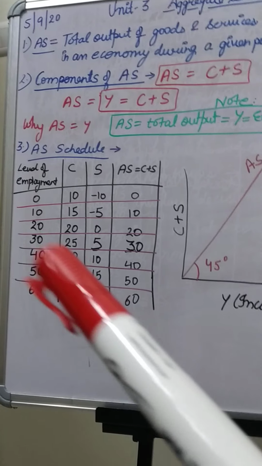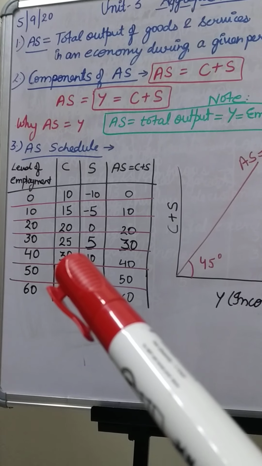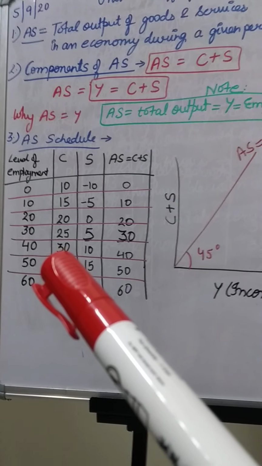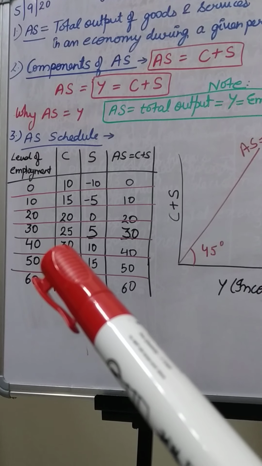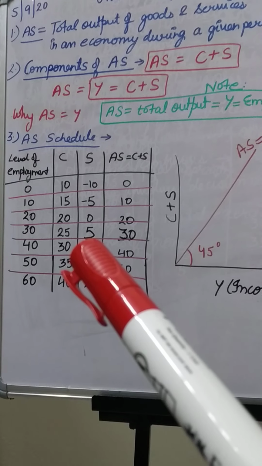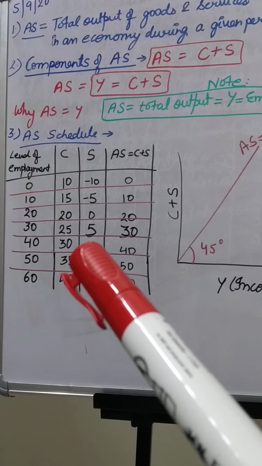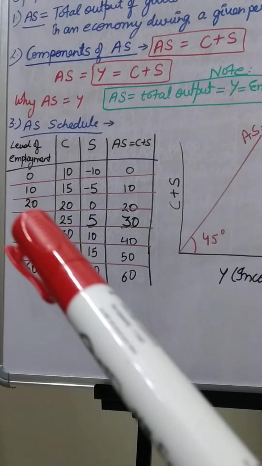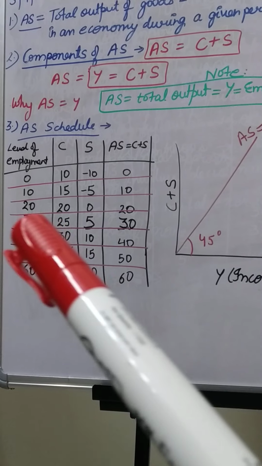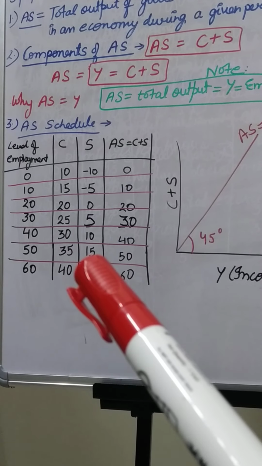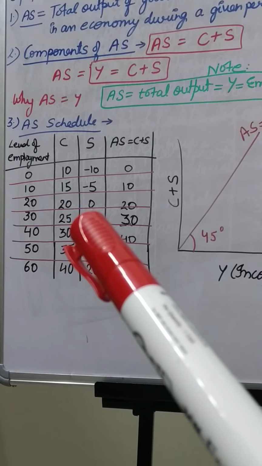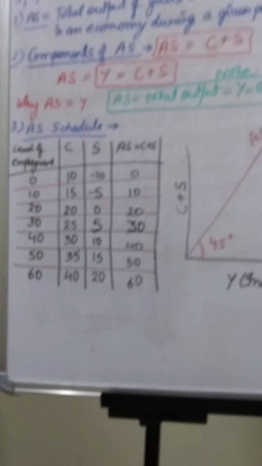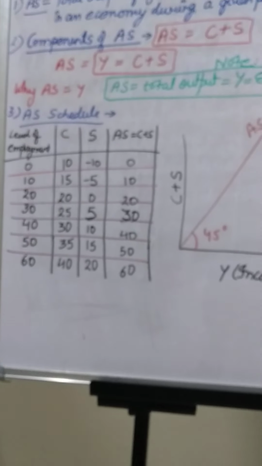Now when the income is 30, consumption is 25, so from this point the savings start. The saving is 5. Similarly 40 and 30, so the gap is 10. So when income and consumption become equal to each other, only after that the savings will start. Otherwise before that there will be dis-savings.